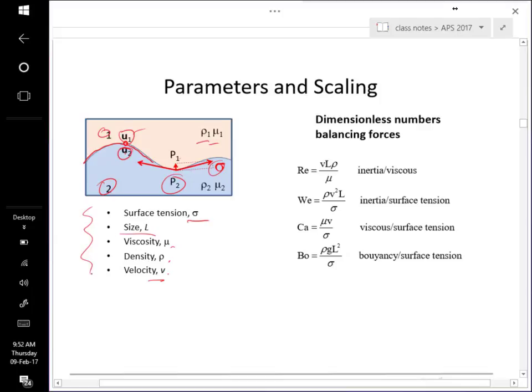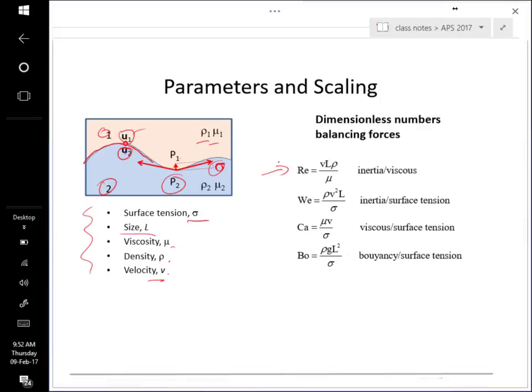Now, one convenient way to think about this is to take these different properties and combine them in dimensionless numbers. We did that a couple of classes ago when we first started looking at laminar flow. We introduced the Reynolds number, which was the ratio of inertial forces to viscous forces.